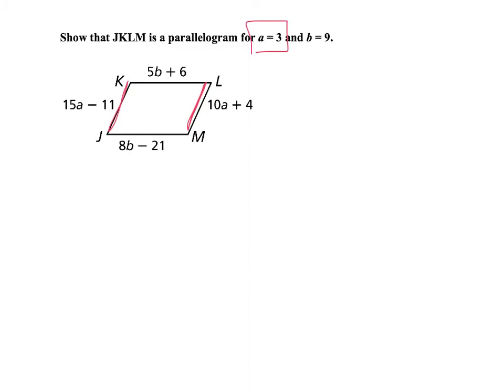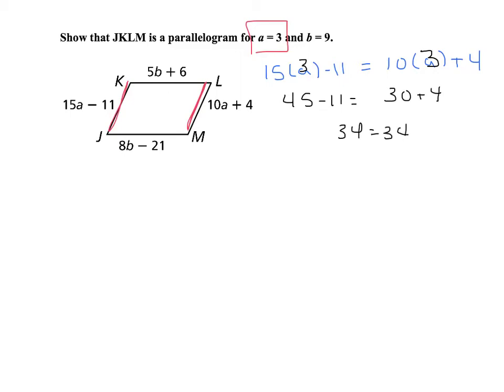If A is 3, I have 15 times A minus 11, and let's see if that equals 10 times A plus 4. Plugging 3 in, over here we end up with 45 minus 11, over here we end up with 30 plus 4. Well, does 34 equal 34? We sure do. So we have one pair congruent.